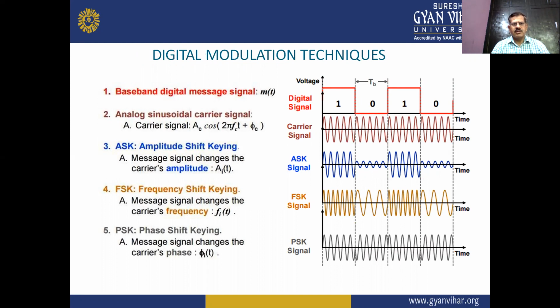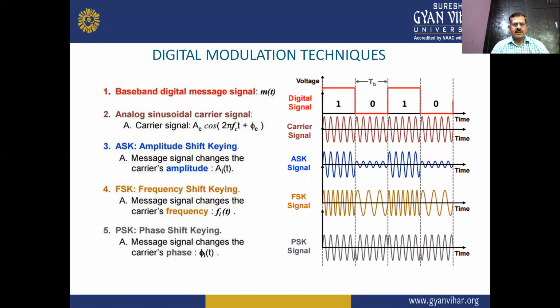The first one is the baseband digital signal or message signal m(t), and the second one is the analog sinusoidal carrier signal. The carrier signal is Ac cos(2 pi fc t + phi c), which has a very high frequency.